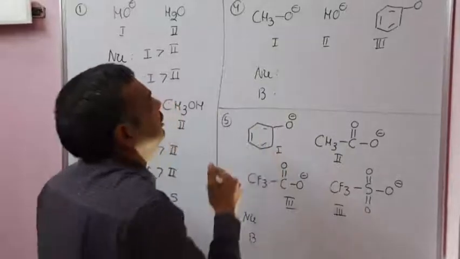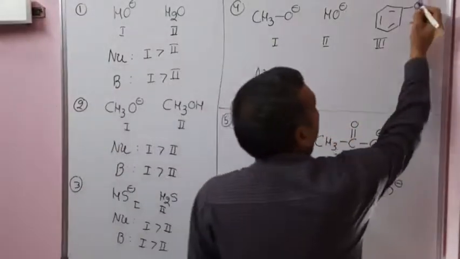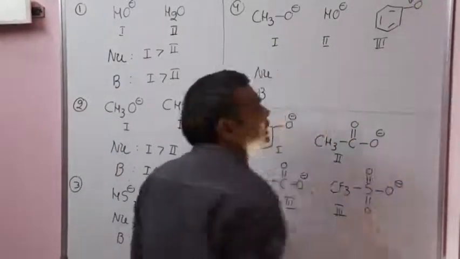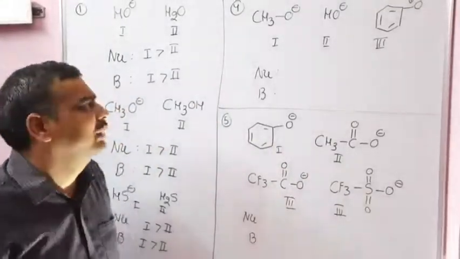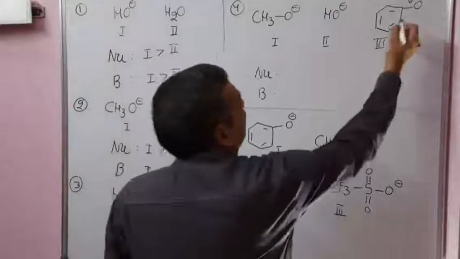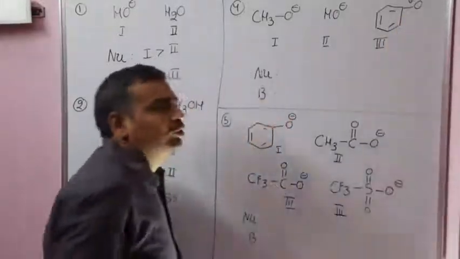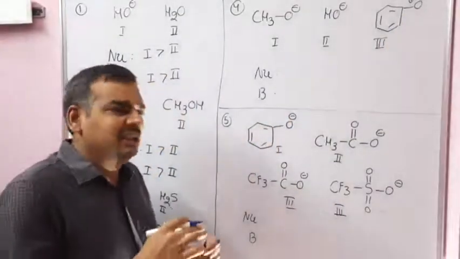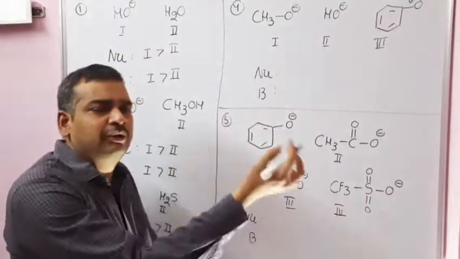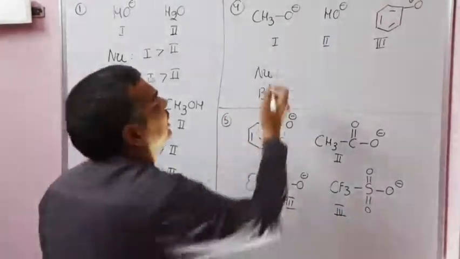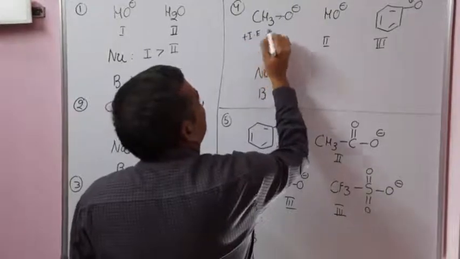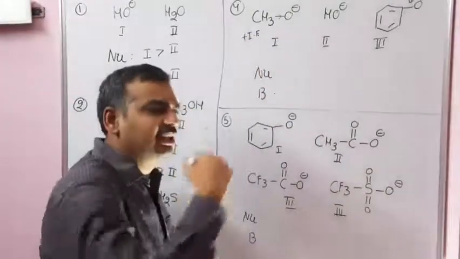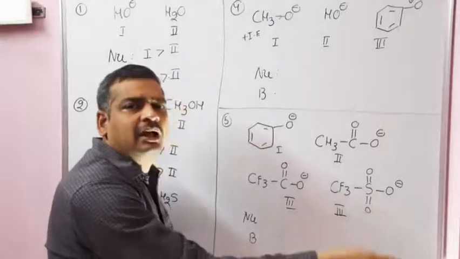Now coming to the fourth example, let's see here. The central atom is oxygen. We need to see only the molecule, so protic and aprotic may not be a problem here. Here it is involved in the resonance. The one which is involved in the resonance is less favored to attack or to abstract a proton. In the first example, plus inductive effect, so electron density on oxygen increases, so that will readily attack on a carbocation or abstract a proton.